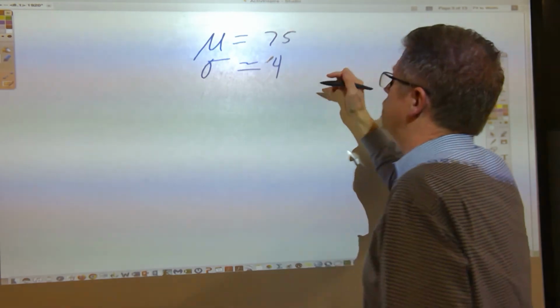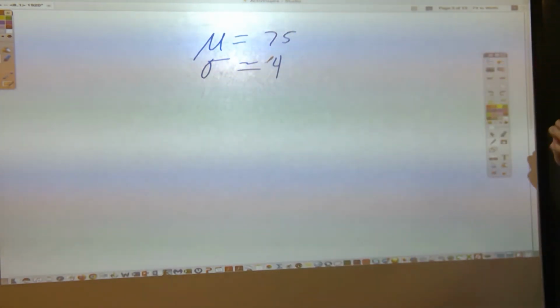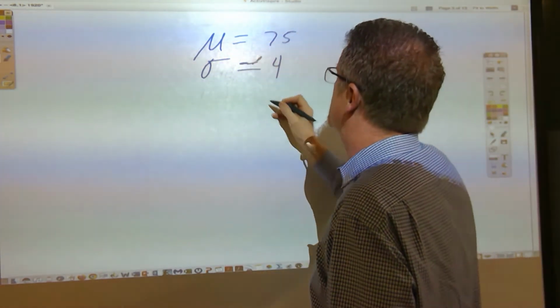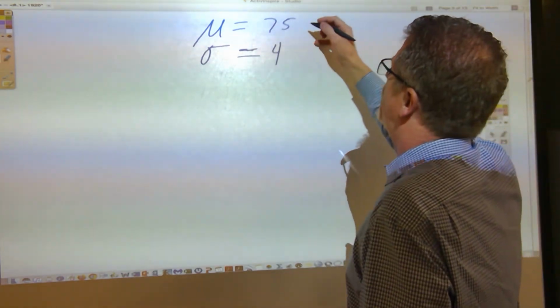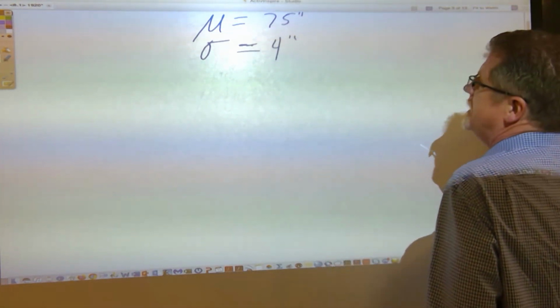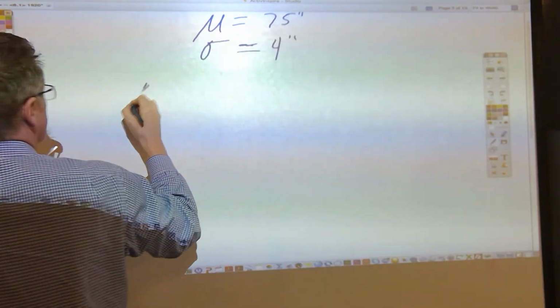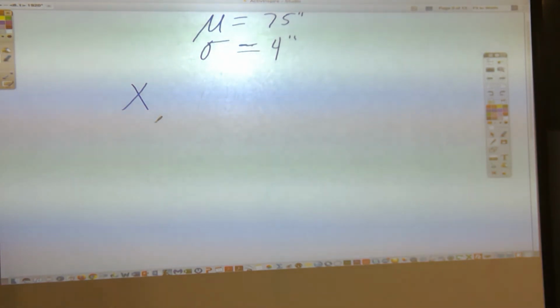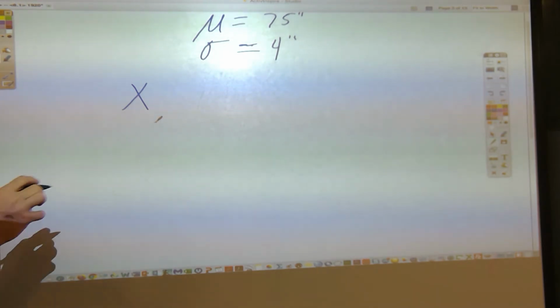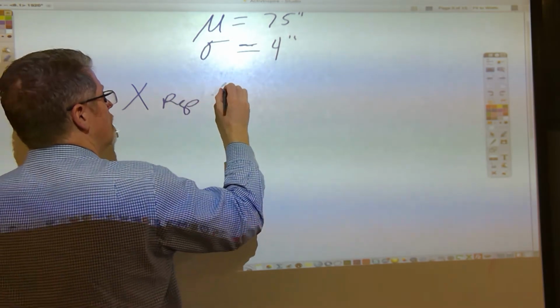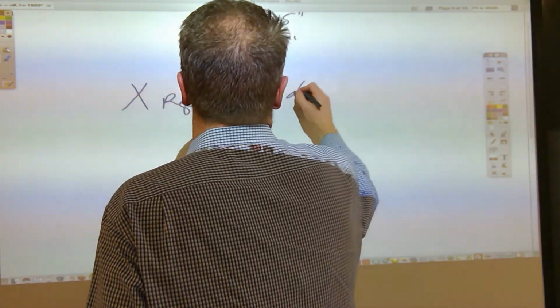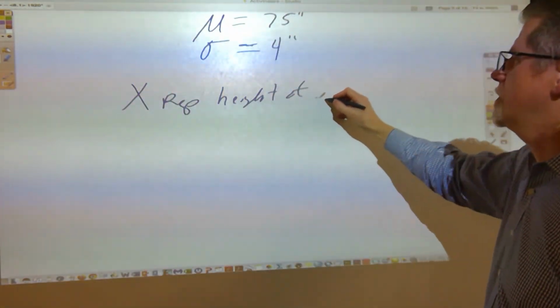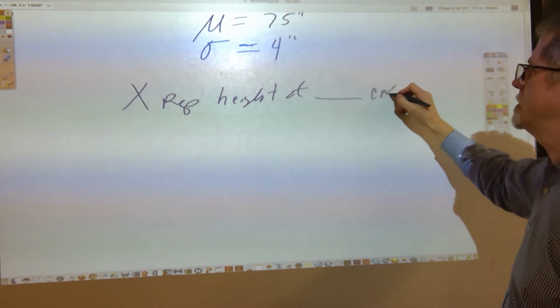Or suppose you're on a planet where the true average height of all these creatures of a particular species is 75 inches, with a standard deviation of 4 inches. Now, suppose that X represents the height of just one person, the height of a randomly selected creature.